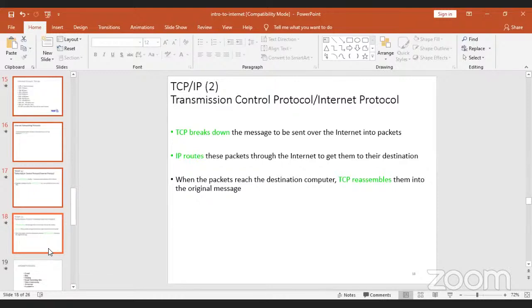And then the TCP/IP identifies each packet with its own electronic label and mailing address. So each packet has its own mailing address and its own labels. The individual packets are routed through the network from one computer to another computer and are reassembled at their destinations.